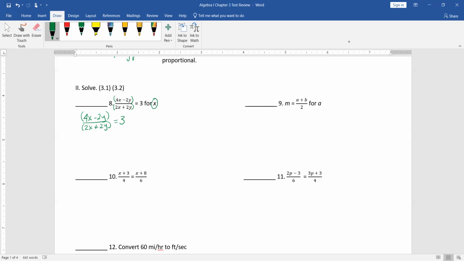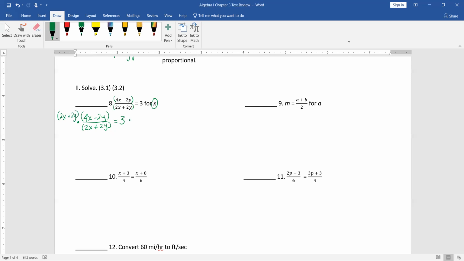So because that 2x plus 2y in the denominator is a parentheses, we need to do the inverse operation of division to get rid of that on the left side. Of course, the inverse operation of division is multiplication. So you multiply both sides by the whole expression, 2x plus 2y.